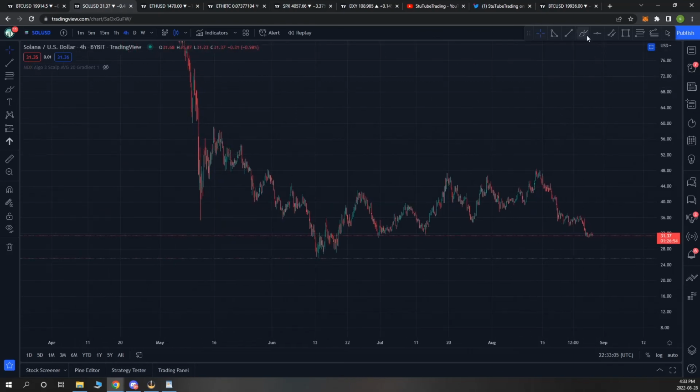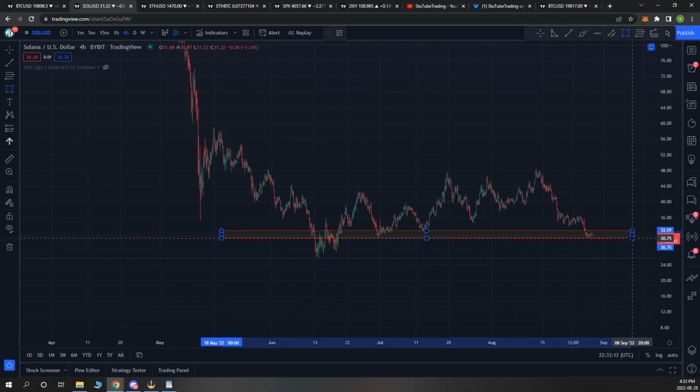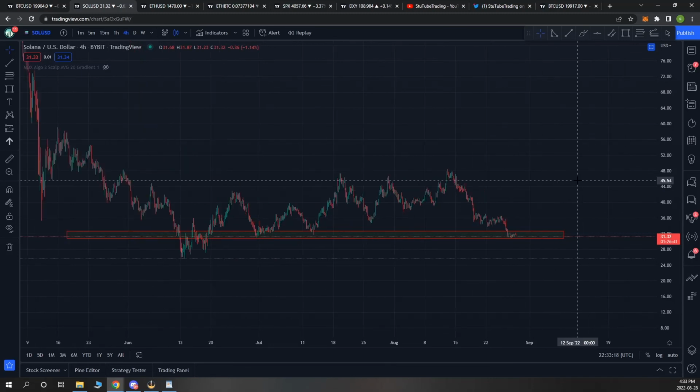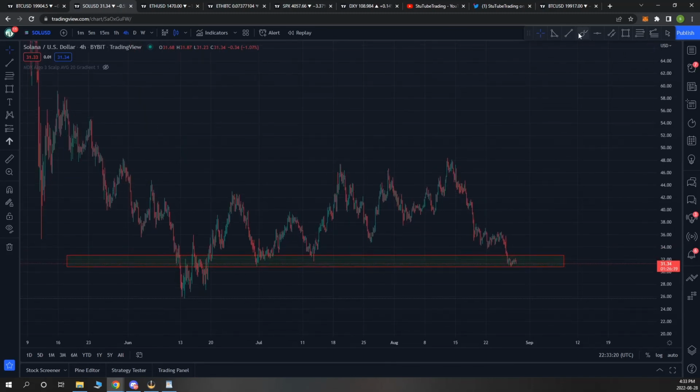Here, let me just see here. What do we got going on for Sol? We could have a bit of a support zone in there that it's currently trading in. The one thing though is it does look fairly weak just because it did actually get some candle closes below this structure back here. So I would say really we have resistance up ahead.